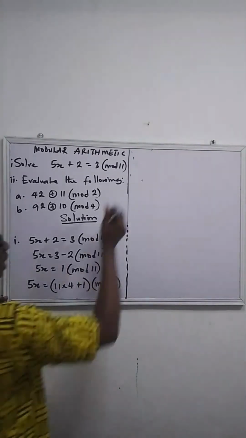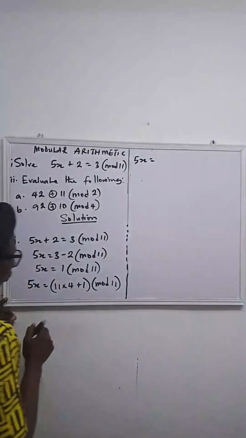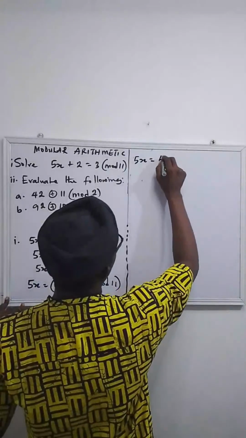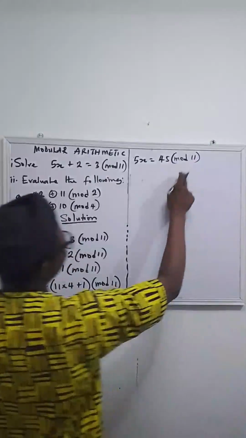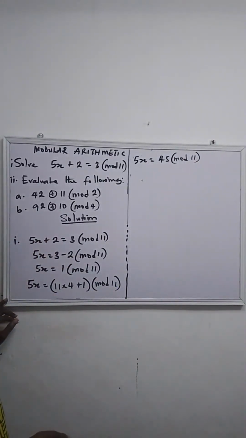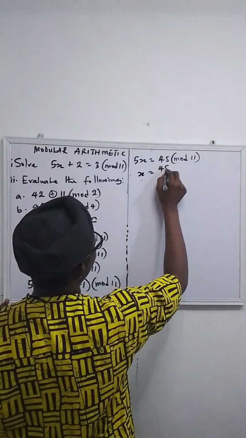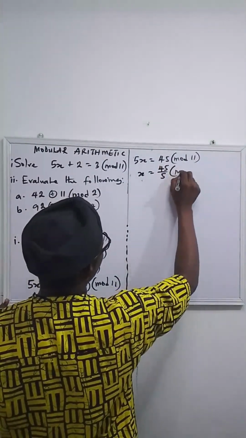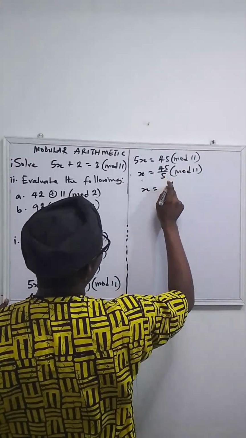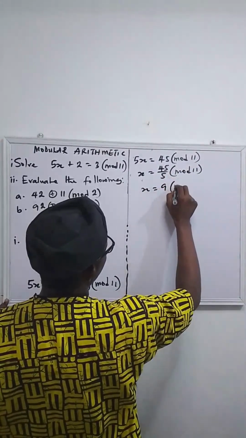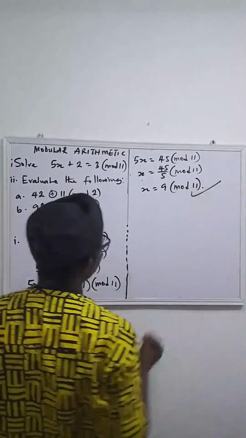So we have 5x equals 45 mod 11. Here you can divide both sides by 5. So we have x equals 45 over 5 mod 11, and your answer is going to be what? That will be 9 mod 11. So this is the answer to the problem.